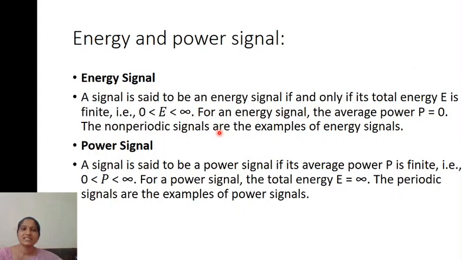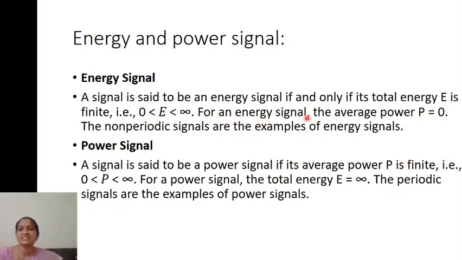Okay. Next one, energy and power signal. So what is an energy signal? A signal is said to be an energy signal if and only if its total energy is finite. That means if you are able to know some exact value of energy, and it does not depend on some other variable, then it is called an energy signal.